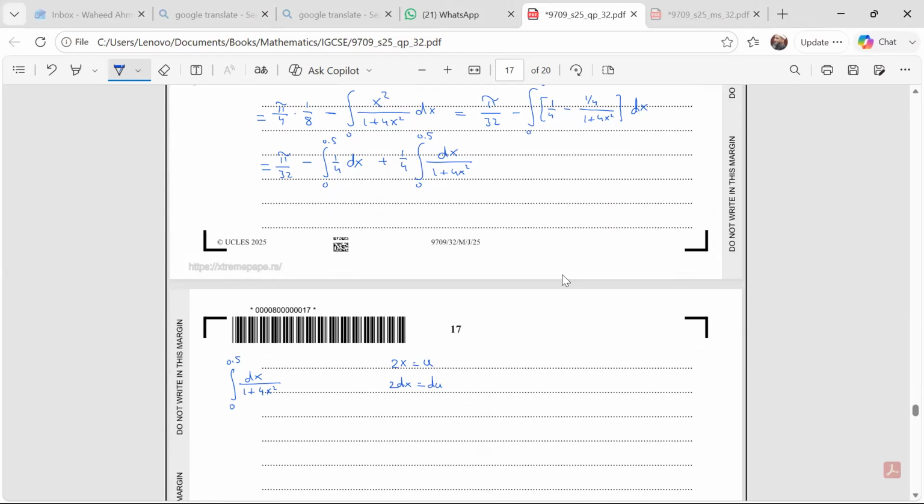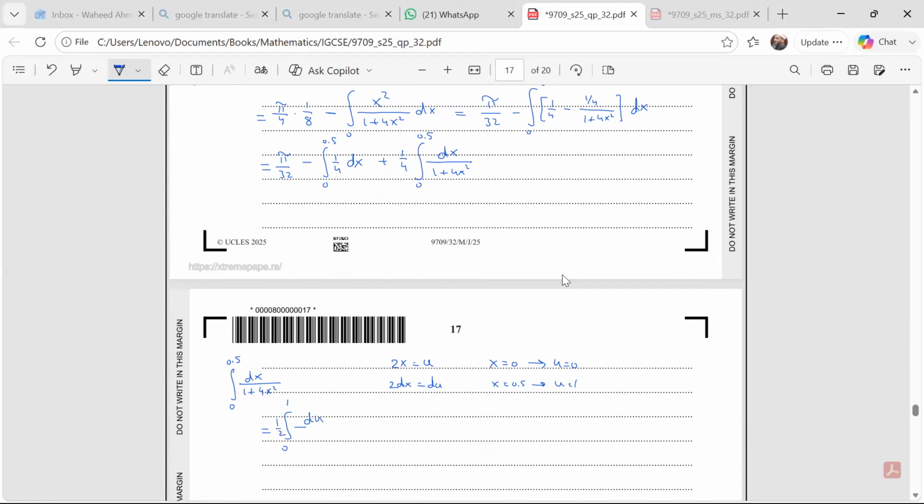When x is 0, u is also 0, and when x is 0.5, u would be 1. So this would be equal to the integral from 0 to 1, and dx would be du by 2.